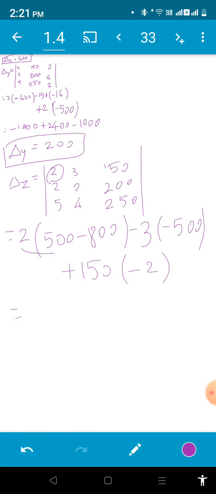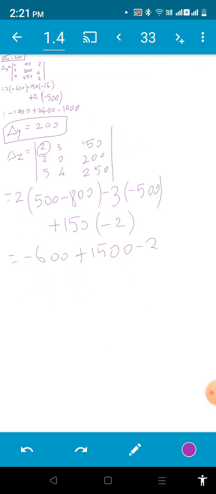So 2 into minus 300 is minus 600. Minus into minus is plus 1500. Then minus 300. Then delta z is equal to 600.